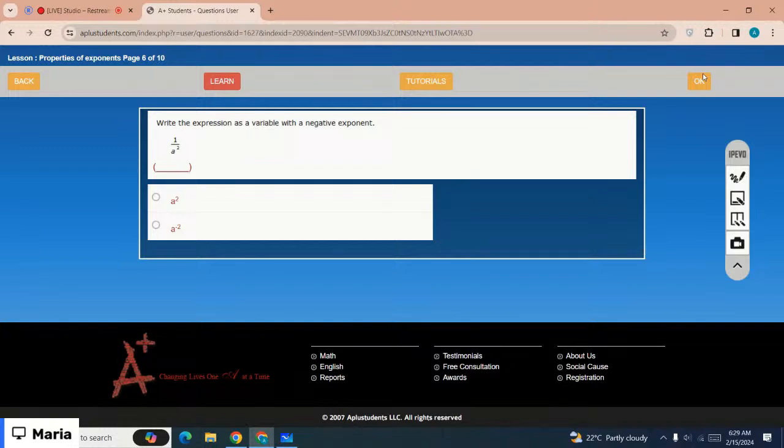The correct option is a exponent negative 2. Option number 2 is the correct option, right?